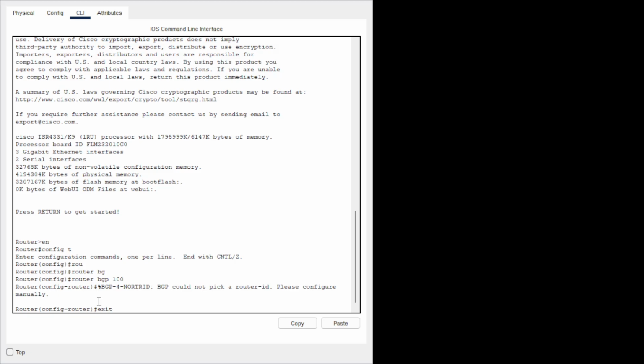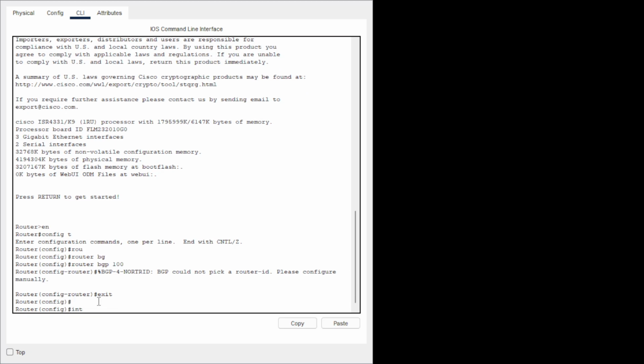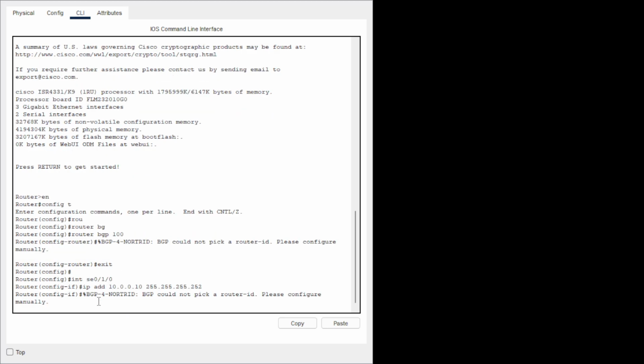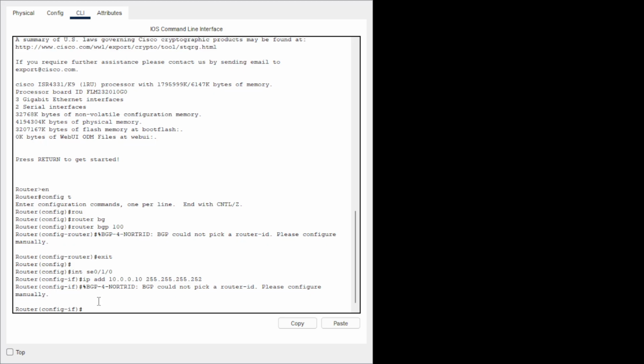Exit, interface serial port 0/1/0, IP address 10.0.0.10 with subnet mask 255.255.255.252, and no shutdown.